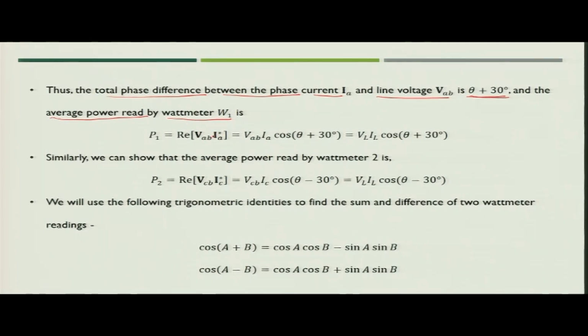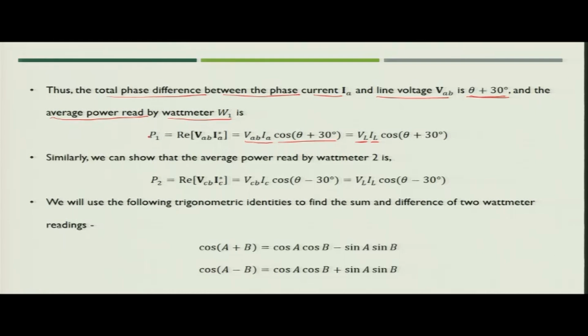When you put the value of VAB and IA, the real component of VAB into IA conjugate will be VAB IA into cos of theta plus 30 degree, or you can write VAB is nothing but the line voltage VL and IA is nothing but the line current, that is IL.